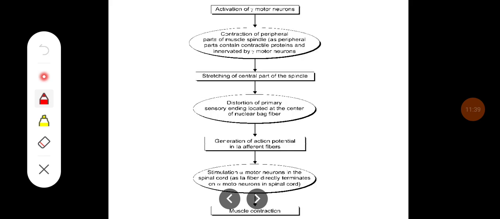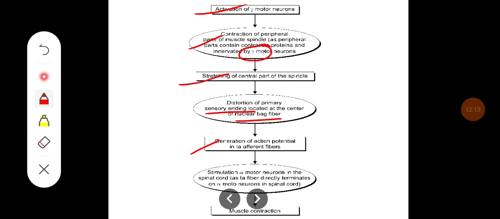So when there is activation of the gamma motor neurons, it causes contraction of the peripheral parts of the muscle spindle, as the peripheral parts contain contractile proteins and are innervated by gamma motor neurons. That causes stretching of the central part of the spindle, which distorts primary sensory endings located in the center of the nuclear bag fibers, and that generates action potential in the 1A afferent fibers.